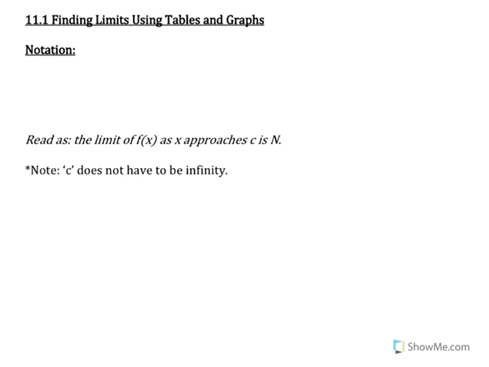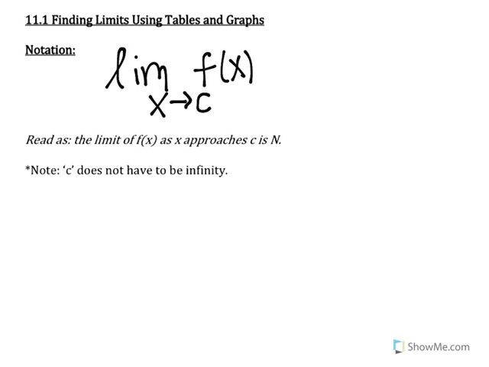The notation for a limit, and of course you can see this a little bit differently, is the limit as x approaches c of f of x is equal to n. It's read as the limit of f of x as x approaches c is n, exactly how I just said it.